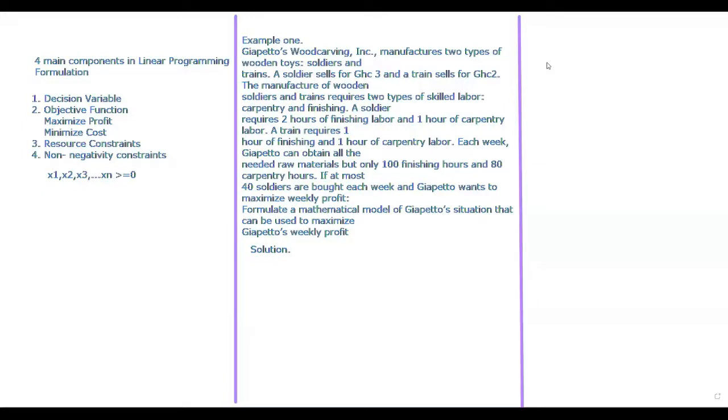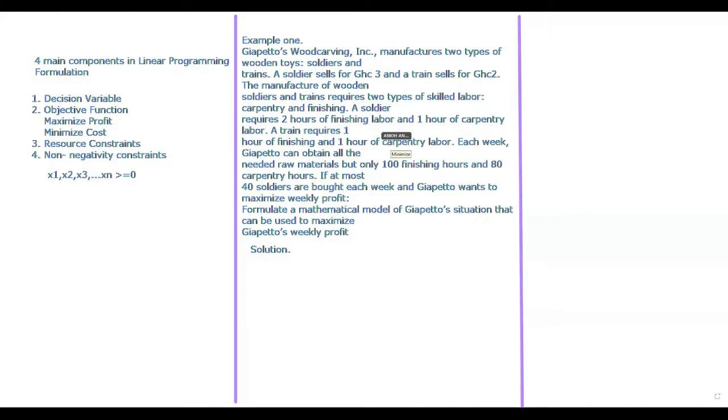Toys. Soldiers. A soldier sells for 3 cedis and a train sells for 2 cedis. The manufacture of wooden soldiers and trains requires 2 types of skilled labor, carpentry and finishing. A soldier requires 2 hours of finishing labor and 1 hour of carpentry labor. A train requires 1 hour of finishing and 1 hour of carpentry labor.